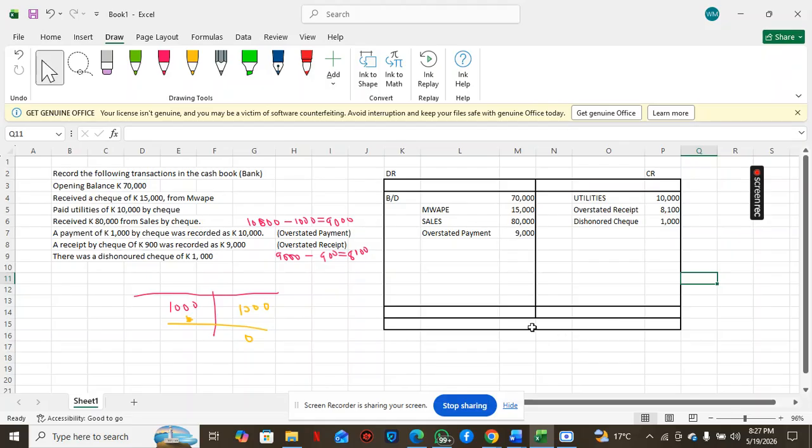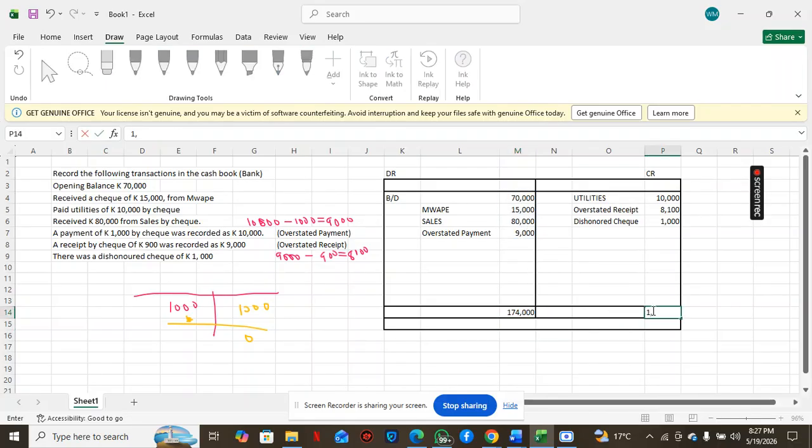So now we balance out the book. We see which one is greater, the debit side or the credit side. Definitely it's the debit side because it's got the 70,000 there. So we add up 70,000 plus 15,000 plus 80,000 plus 9,000, which is 174,000.